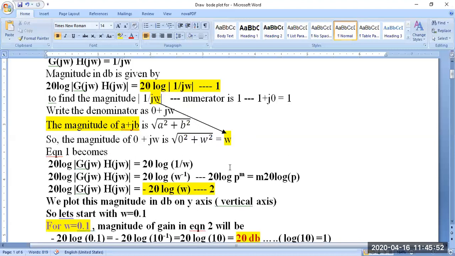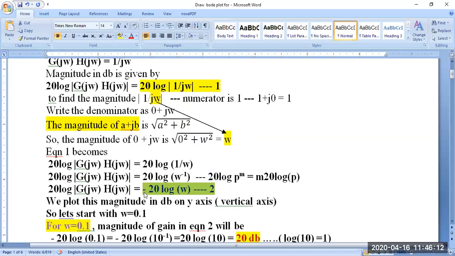So this m will be carried forward over here and it will be multiplied with 20. So this minus 1 will be multiplied with the 20 here. It will come to the front. So this 20 will become minus 20. So this will be minus 20 log of omega. This is equation number 2.